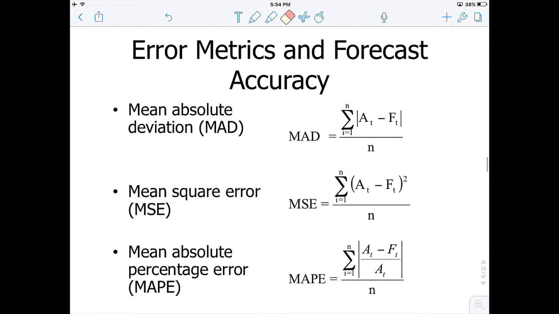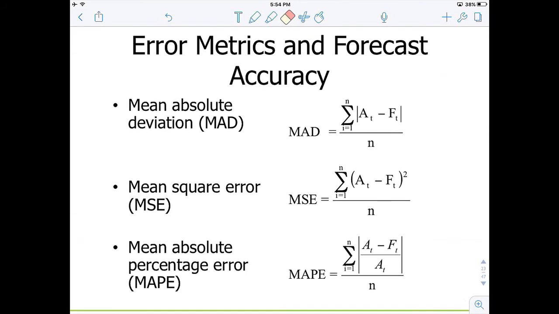We do have several error metrics in order to assess how accurate your forecasting method is. The first one is mean absolute deviation. As you can see here, AT means our actual observation, FT is our forecast.